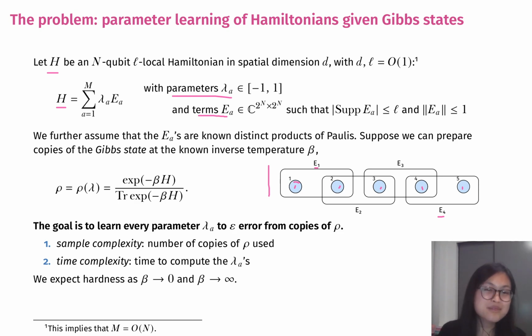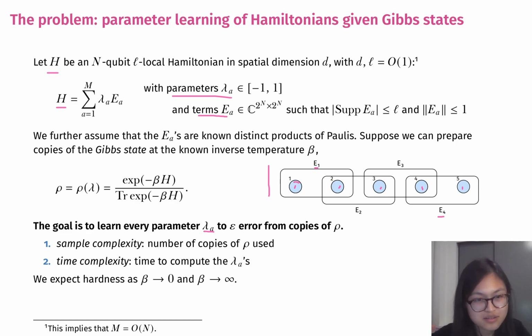And so we can get these Gibbs states. And the goal is to understand the quantum system that governs the dynamics. And so we want to learn the parameters lambda A. And so this is the setup for the problem.